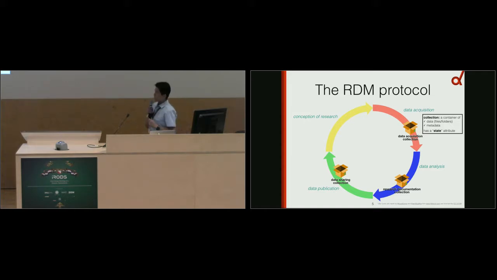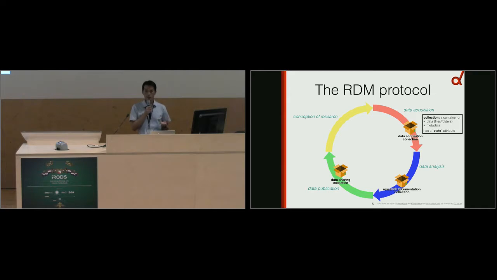Just to be sure, this collection has nothing to do with an iRODS collection; they are different terms. Here we are talking about very high-level, virtual collections. In the collections, researchers can put in data, files, and folders. Most importantly, they can also annotate the collection with a couple of interesting metadata.